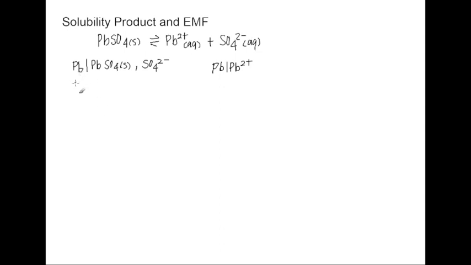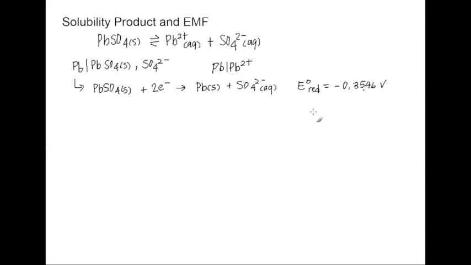For this one, our half cell reaction is the reduction of lead sulfate, which gives solid lead plus sulfate ion, and this has a standard reduction potential of negative 0.3546 volts.